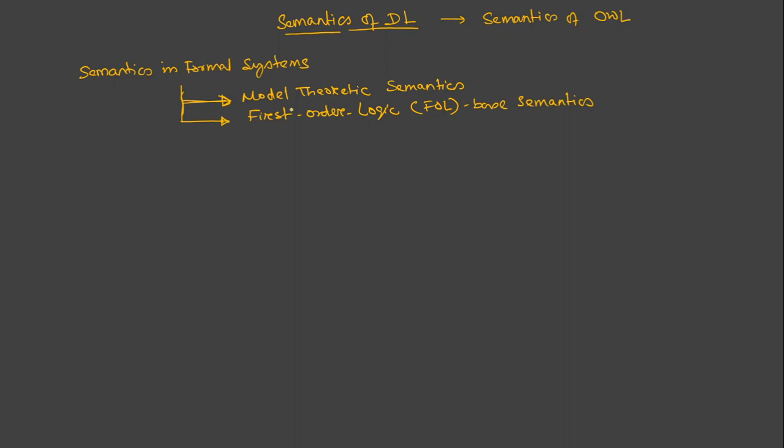Right. Now, what do we do in model theoretic semantics? We try to represent everything as different sets, and we try to establish the definition of different concepts and other things using this set theoretic notation. So, in a sense, model theoretic semantics are represented using set theory, right?